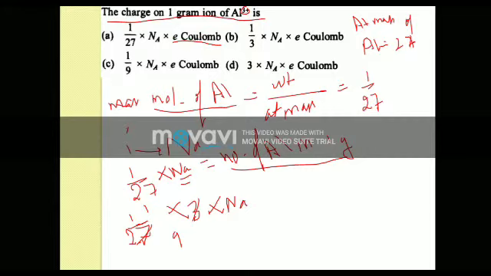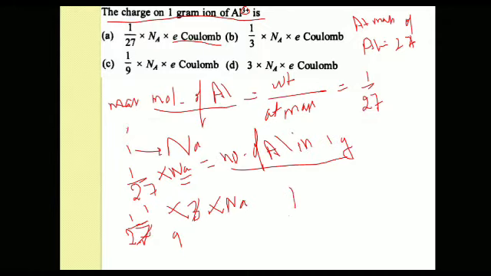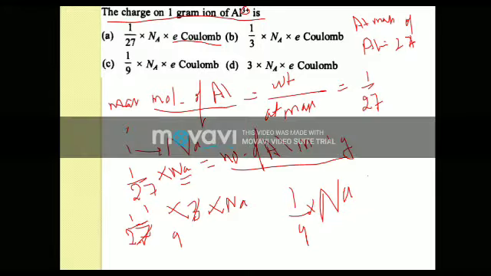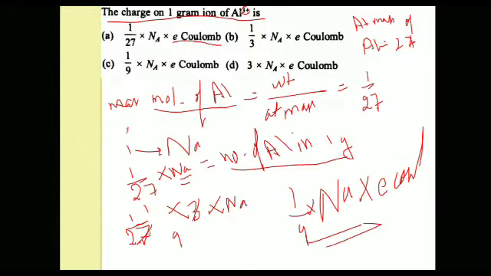If they had asked how many electrons are lost, then this 1 by 9 Na would be the answer, but the answer is given in coulombs, so you just multiply it with the electron charge. What is the electron charge? E coulombs. So 1 by 9 into Avogadro's number into E coulombs is your answer. So this is your correct answer.